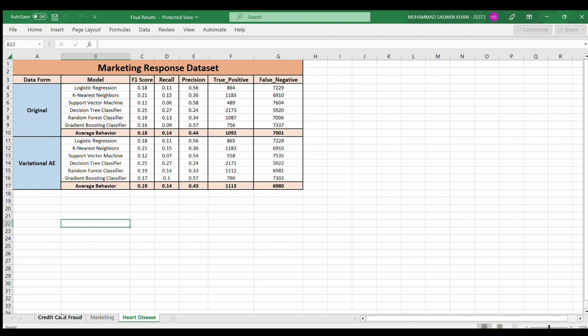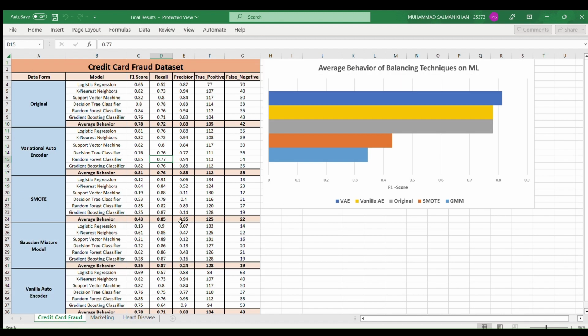We do not see a very big improvement in the overall performances when we balanced the dataset using the variational autoencoder. These results suggest that while variational autoencoders can be a very effective tool for generating synthetic samples for balancing out of balance datasets, they may not necessarily result in a large improvement in the model performance for every case.